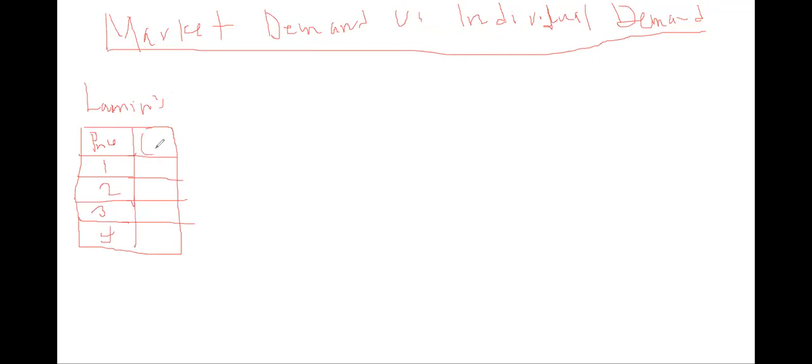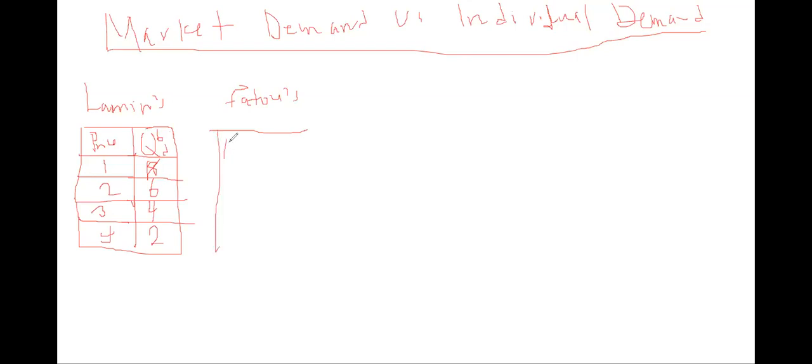So the quantity demanded by Lamin, quantity demanded of books, let's say these are books, was 8. This is 8, please. This is 6, this is 4, and then 2. So then we have Fatu's demand for books at the same price, but quantity demanded might change.